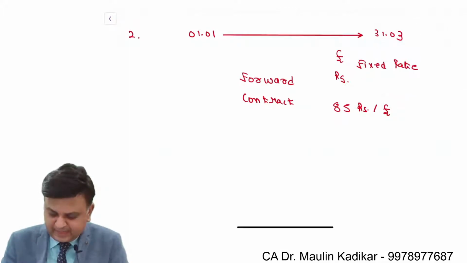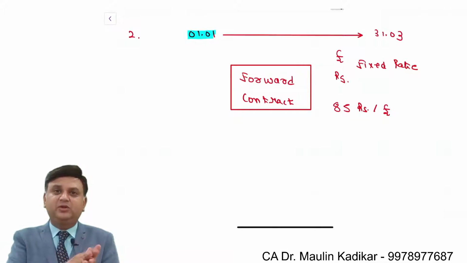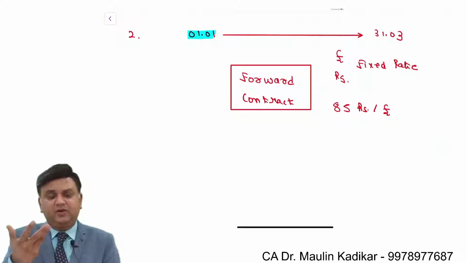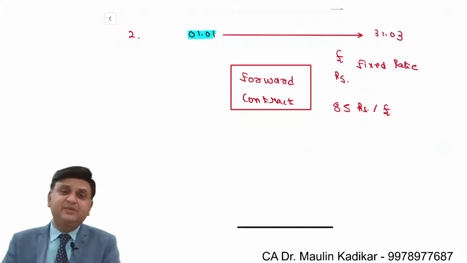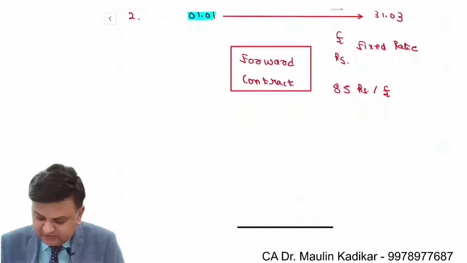On 1st of January itself, the Reliance company can enter into a forward contract for conversion of pound into rupees. So on 31st of March, whatever may be the spot exchange rate, you will have the conversion at the predetermined rate, the forward exchange rate, that is 85 rupees per pound.